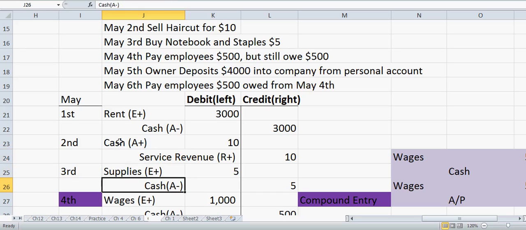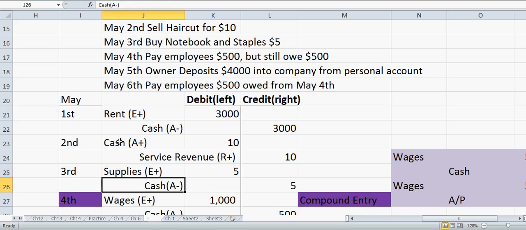Okay, it's only $5. It's not a laptop. So this is coded as supplies going up. You could make supplies an expense, or you could have made it an asset. Okay. It's your choice, and there's more on that we'll talk about in chapter 2 during the lecture. And then cash, because we paid for it, it's going down.